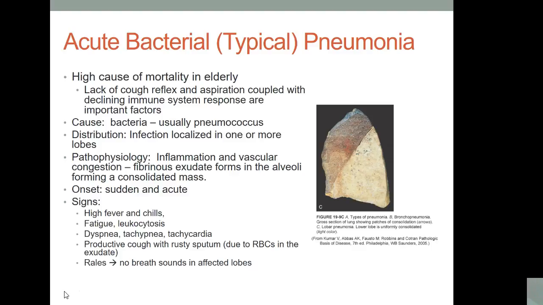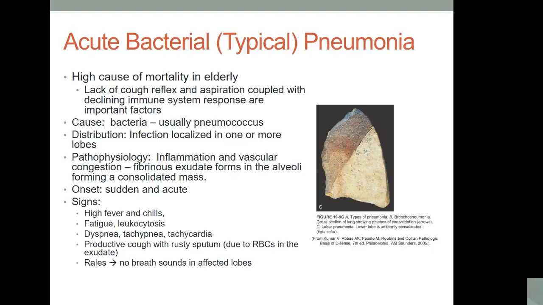Distribution, the infection is localized into one or more lobes. So we can see consolidation here in this lobe. It involves inflammation and vascular congestion, so we get fibrinous exudate that forms in the alveoli, and that forms that consolidated mass. The onset is sudden and acute with high fever and chills, fatigue, increased white blood cell count, dyspnea, rapid breathing, increased heart rate.